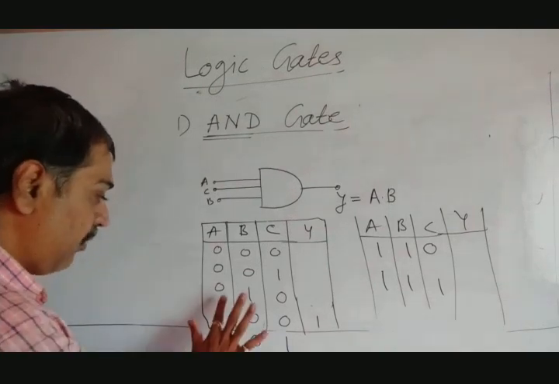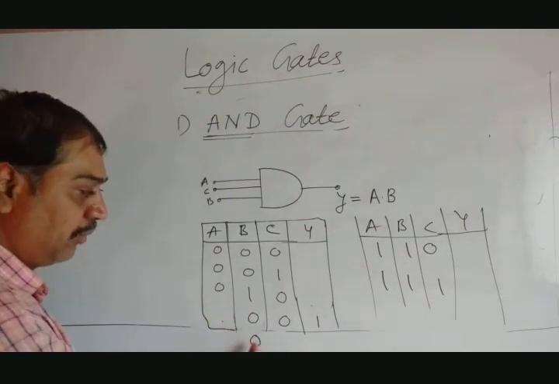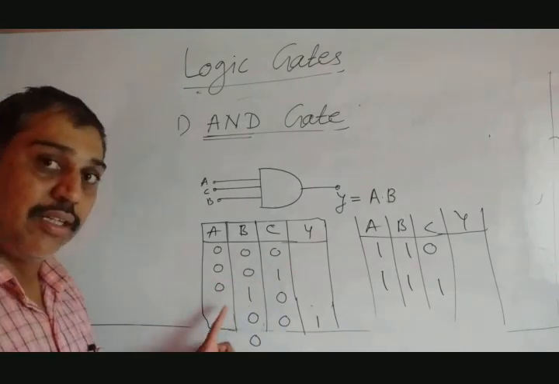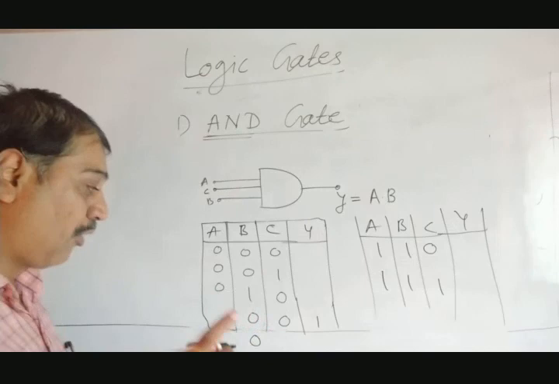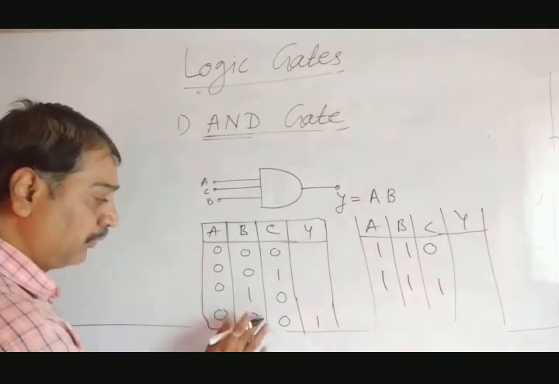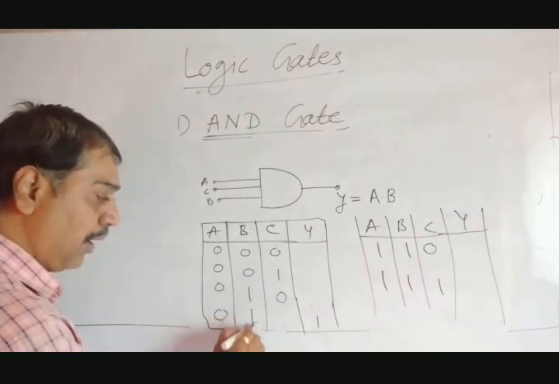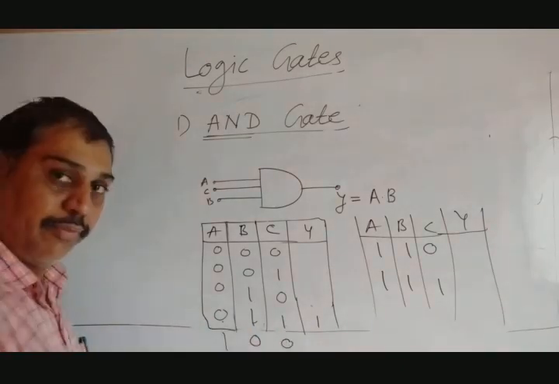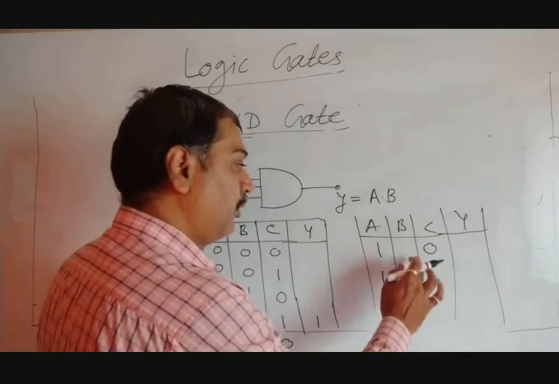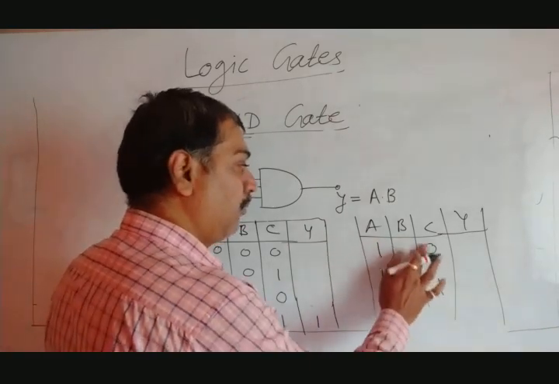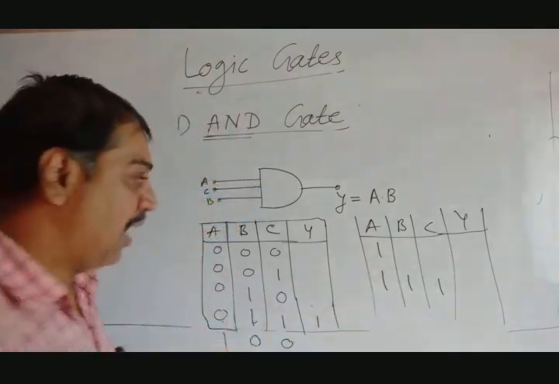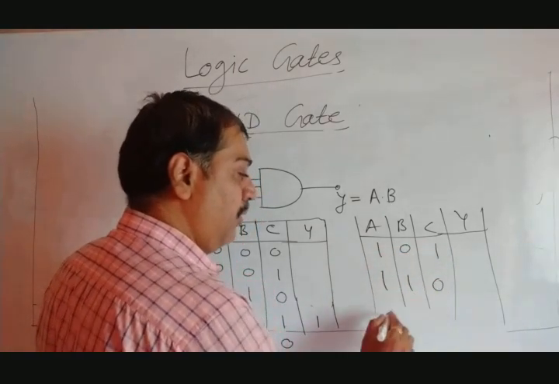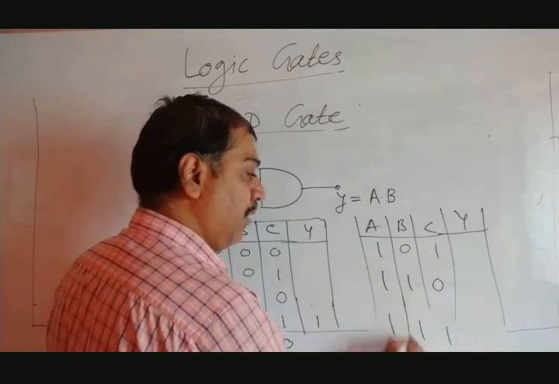See, here we have taken 1 0 0 now. Instead of this, the first is 0 0 0, second is 0 0 1, third is 0 1 0, fourth is 0 1 1, then it becomes 1 0 0, then 1 0 1, then 1 1 0, and the last becomes 1 1 1.